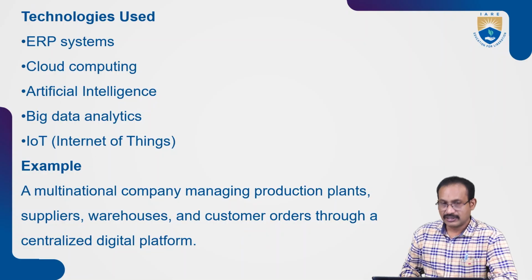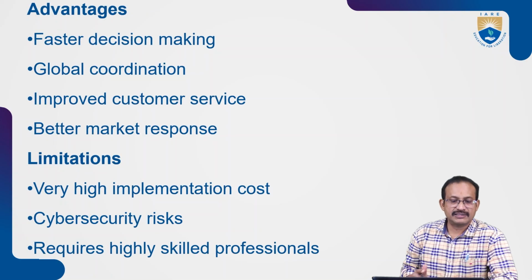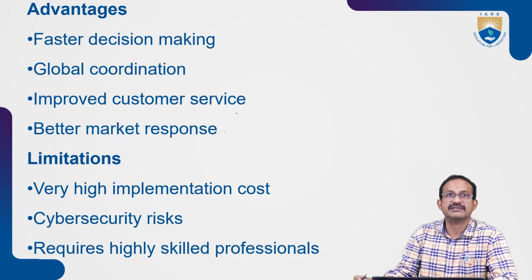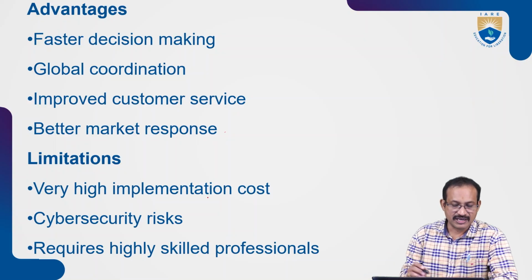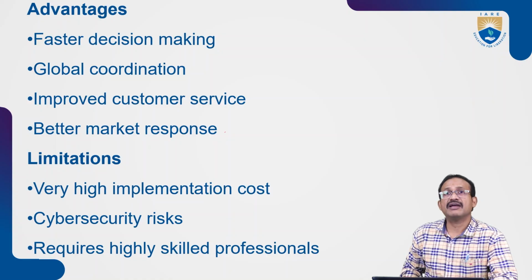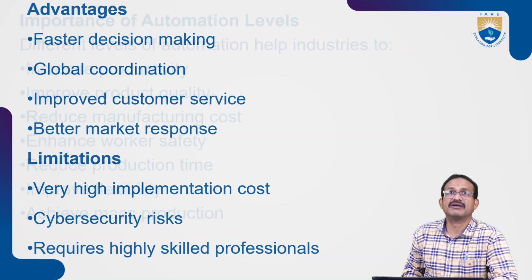Advantages: faster decision making, global coordination, improved customer service, better market response. Limitations: very high implementation cost and cyber security risks, requires highly skilled professionals. Why? Because there will be very high level challenges in enterprise level automation.